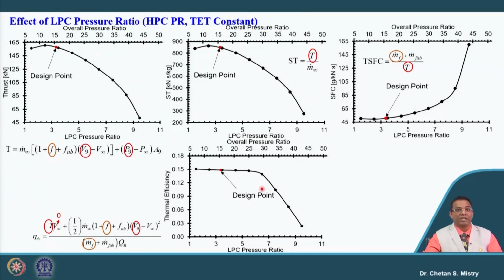So we can say our overall pressure ratio has a great impact on our thrust as well as on thermal efficiency. This is discussed for a particular turbine entry temperature, so be careful.